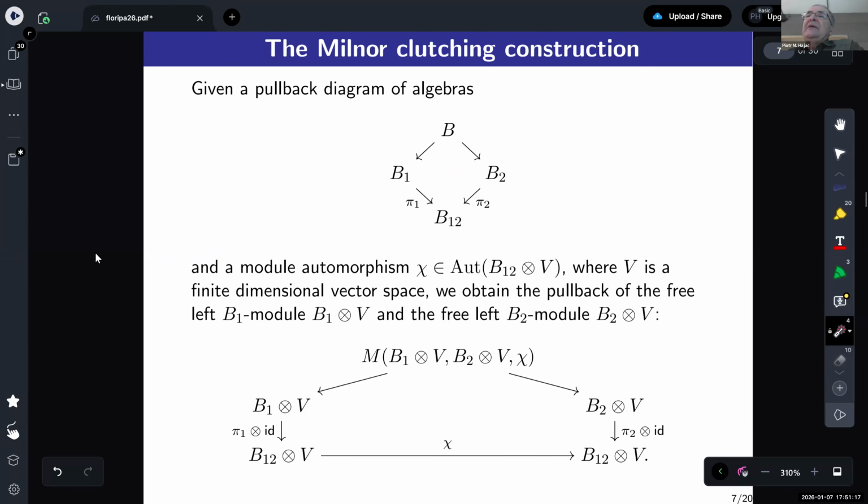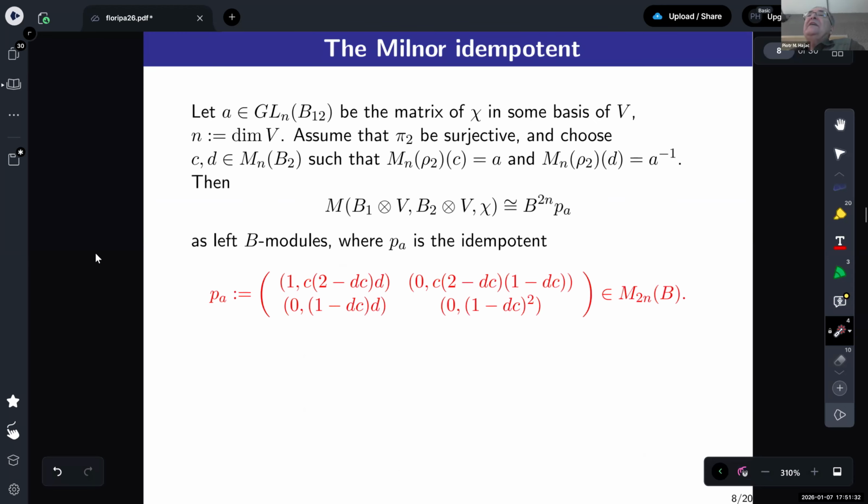How do I get my matrix A? This is a certain automorphism, okay? So by choosing a basis, I explicitly get a matrix in GL_n, an n by n matrix. And it's an n by n invertible matrix with entries in my algebra B12.